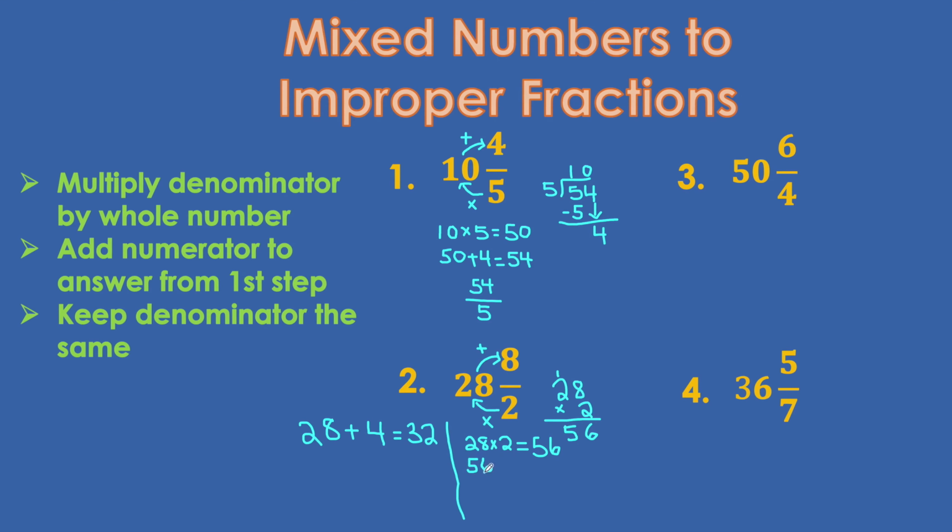56 plus 8 equals 64. So then we see our answer is going to be 64, which is our numerator, and the denominator will be kept the same, so you copy the 2.